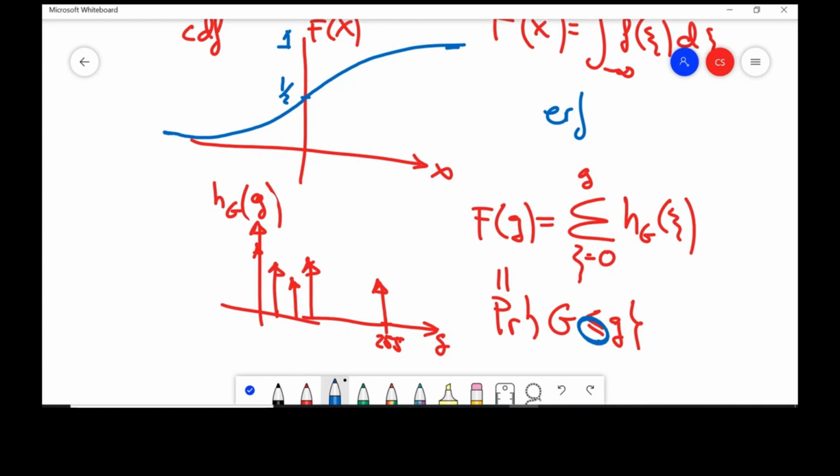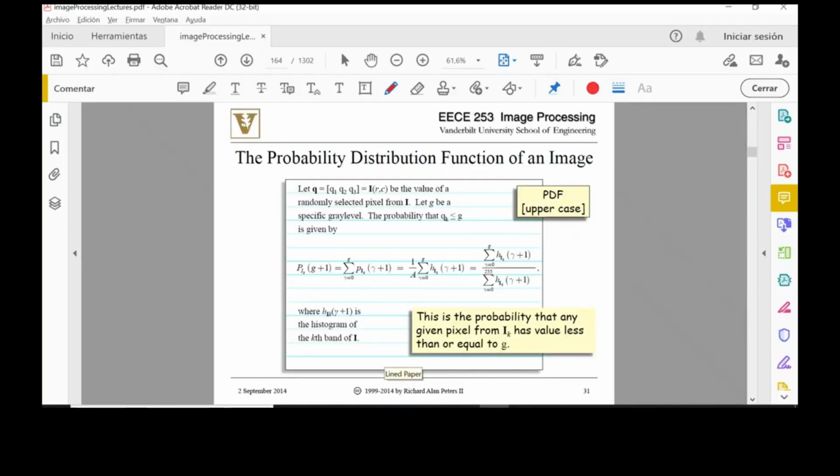Okay, so what do we have in the slide? We are summing the probability density function. You see, we are using a different variable for summing.